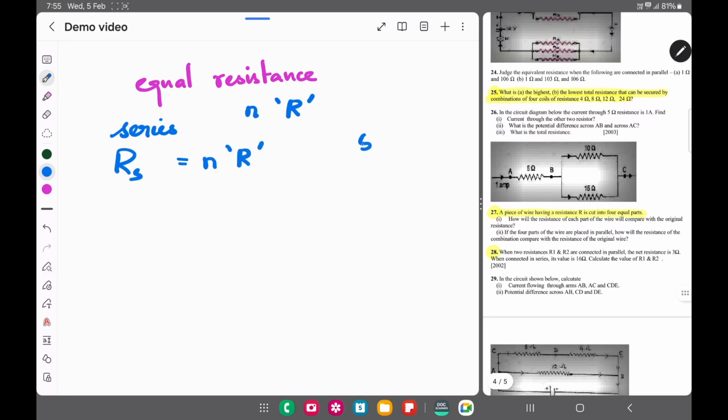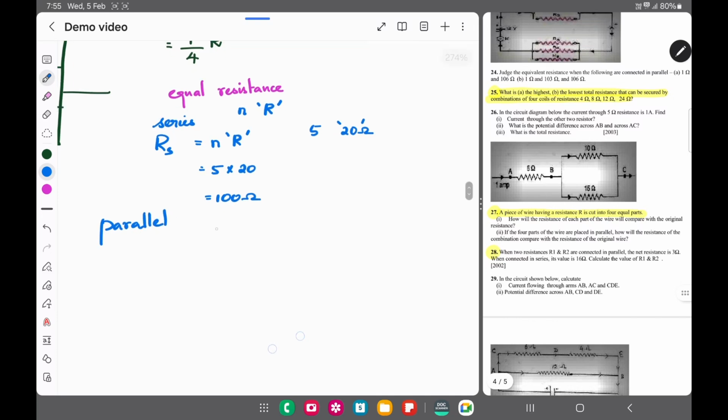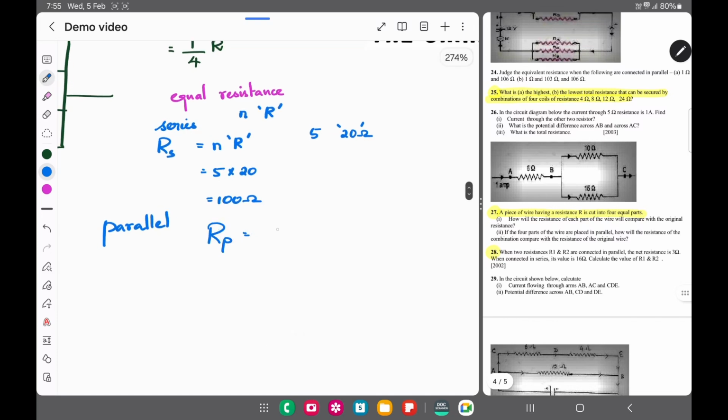Now let's say I have 20 ohm resistance. So it is 5 times 20, which is 100 ohm. And in case I have all these 20 ohm resistances in parallel, what will happen? In that case it is the resistance divided by the number of resistors. Here it is 5, right? So it would be 20 by 5, which is of course 4 ohm, the total resistance.